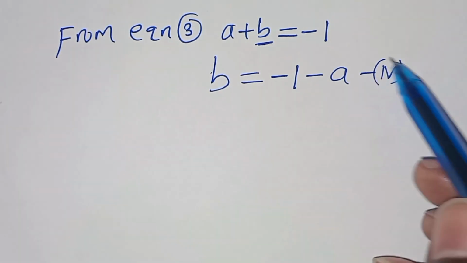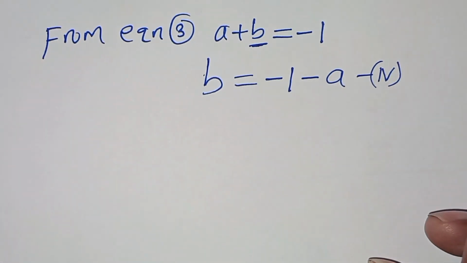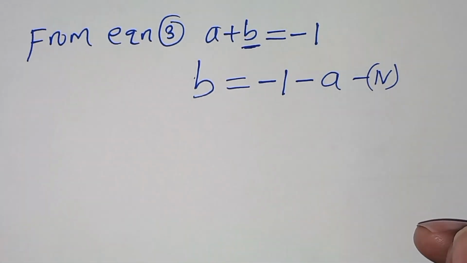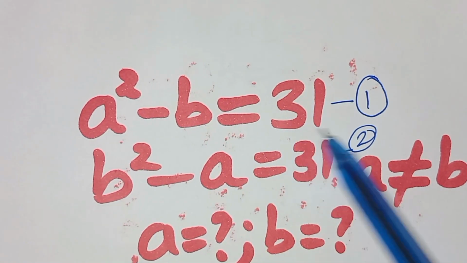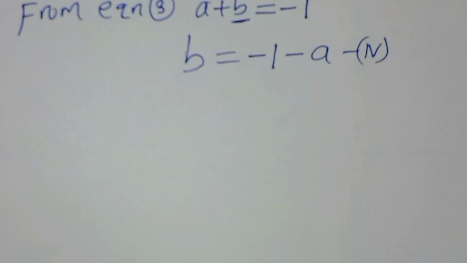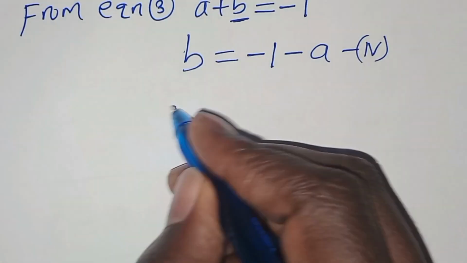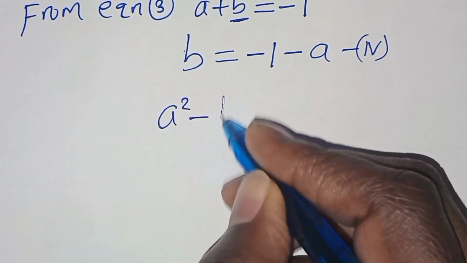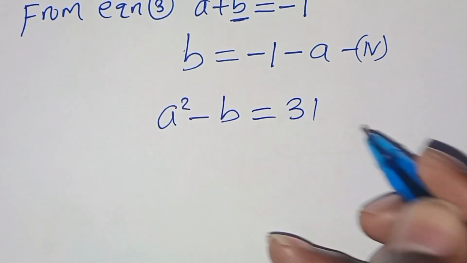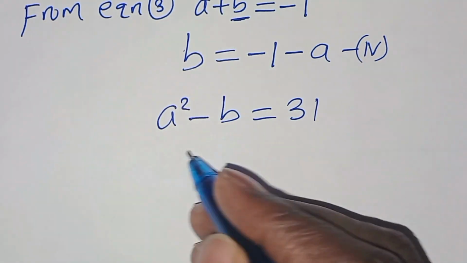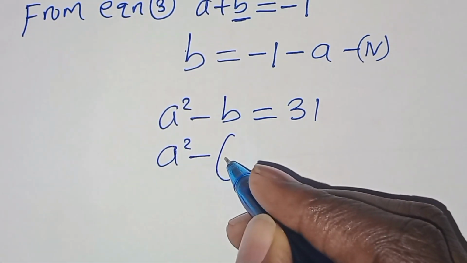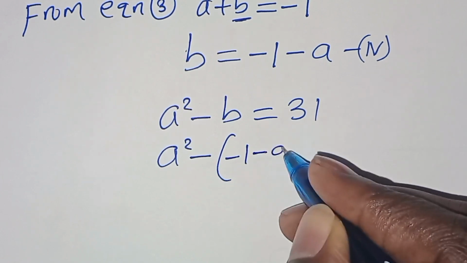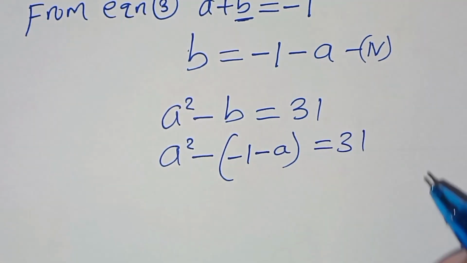Now let's substitute equation 4 into equation 1. Equation 1 is a squared minus b, equal to 31. So let's substitute the value of b. We'll have a squared subtract b, which is minus 1 minus a, equal to 31.